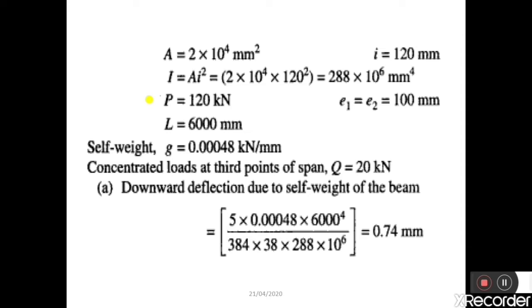So self weight is equal to 0.0048 kilonewton per mm. We know the cross section area of the member is 2 into 10 to the power of 4, and we know the density of concrete is 24 kilonewton per meter cube. So cross section area multiplied by density of concrete, we will get the self weight of the beam as 0.0048 kilonewton per mm.